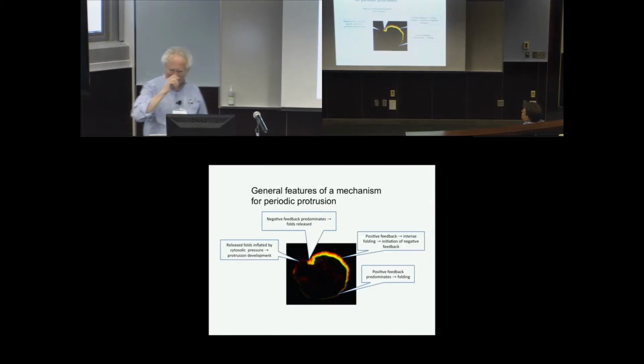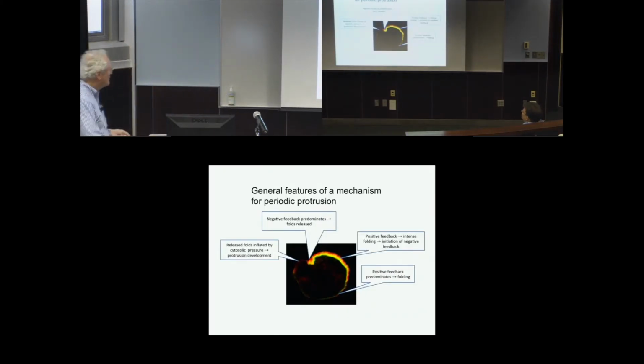Well, we can't say much about the details of this, but what it might mean is that we might have a positive feedback or even a global positive feedback that begins to, say, concentrate Rho in this region, maybe due to a GEF binding to PIP2 in the inner leaflet. And the positive feedback continues, and we get initiation of a negative feedback.